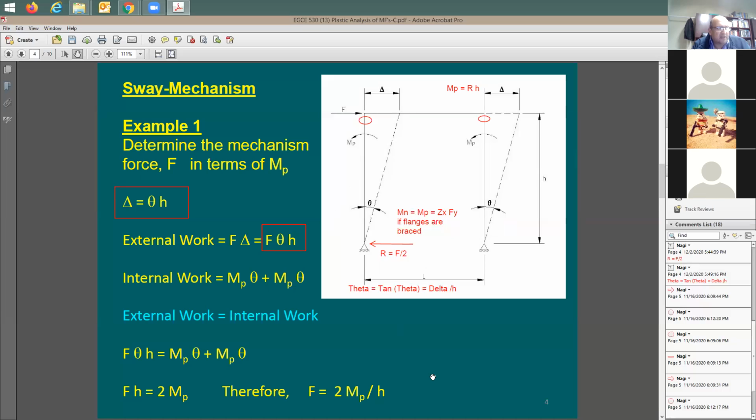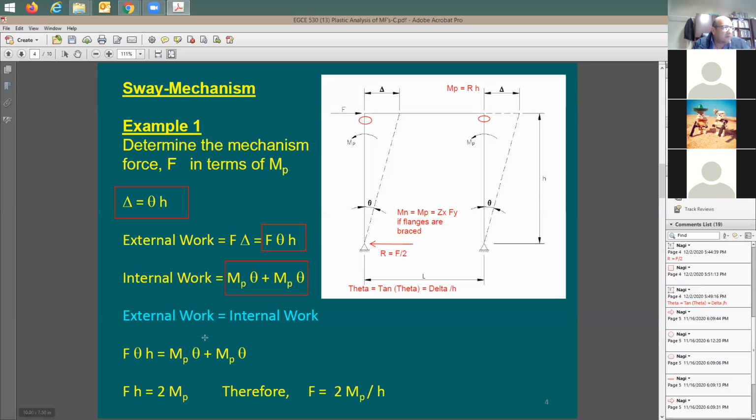What is the internal work in this case? For the first column, it's going to be MP of this column times this theta, right? And for the second column, I'm going to have another MP times the same theta, which happens to be the same because the column height is the same and the amount of drift was exactly the same. Now here is the internal work. Let me set them equal to each other. So F theta H, which is the external work, is going to be equal to MP theta plus MP theta, which means 2 times MP theta.